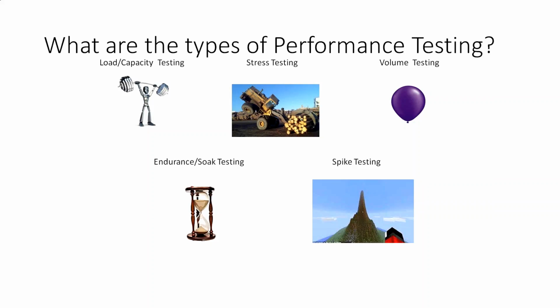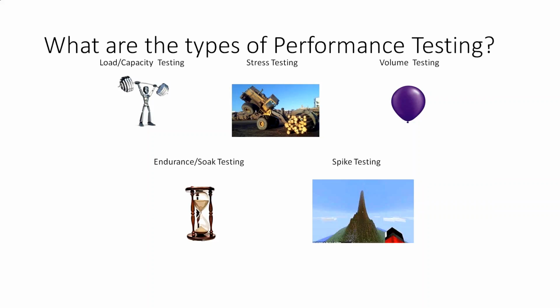From the production log, you can identify how many users the application gets in a business day. So we can average it out, and that will be the average load testing. We can also find out the peak number of users for any particular business day, and then we can perform the peak load testing.